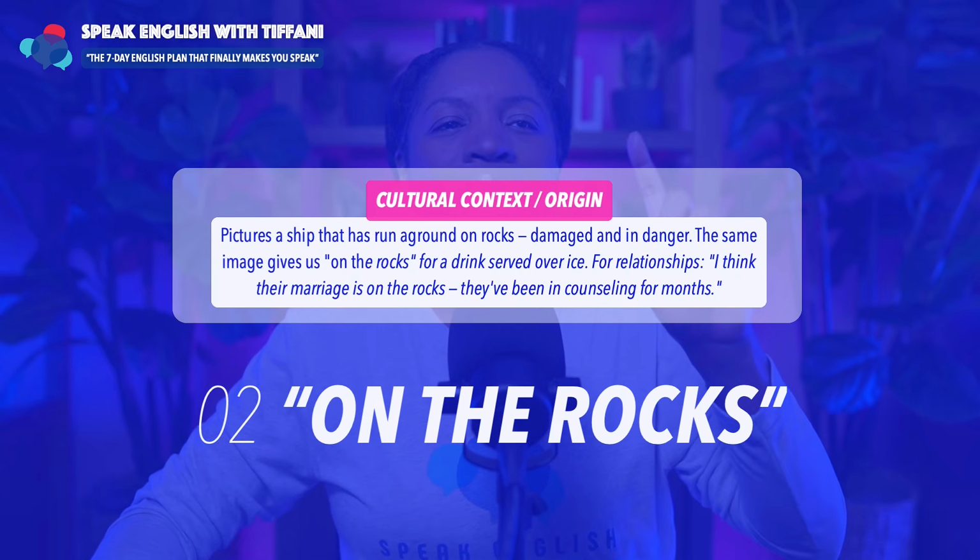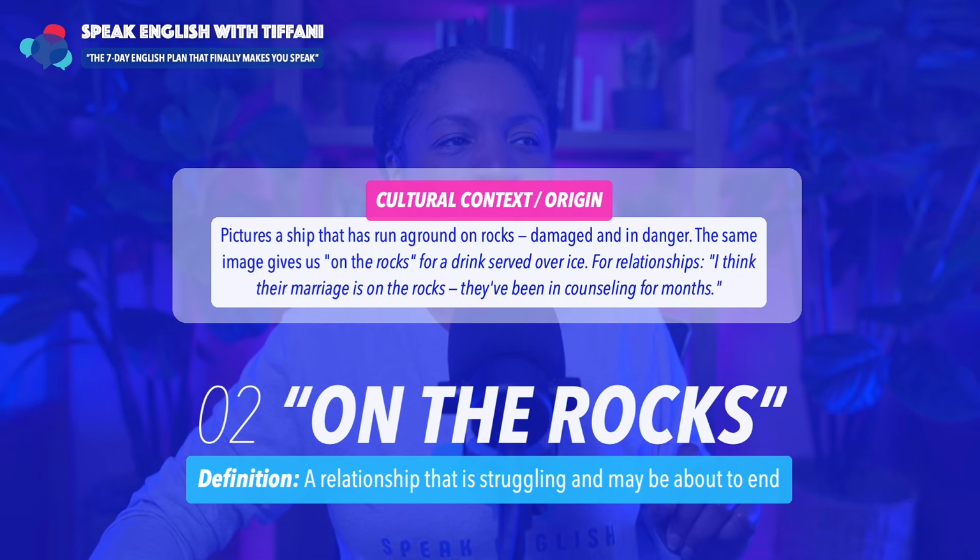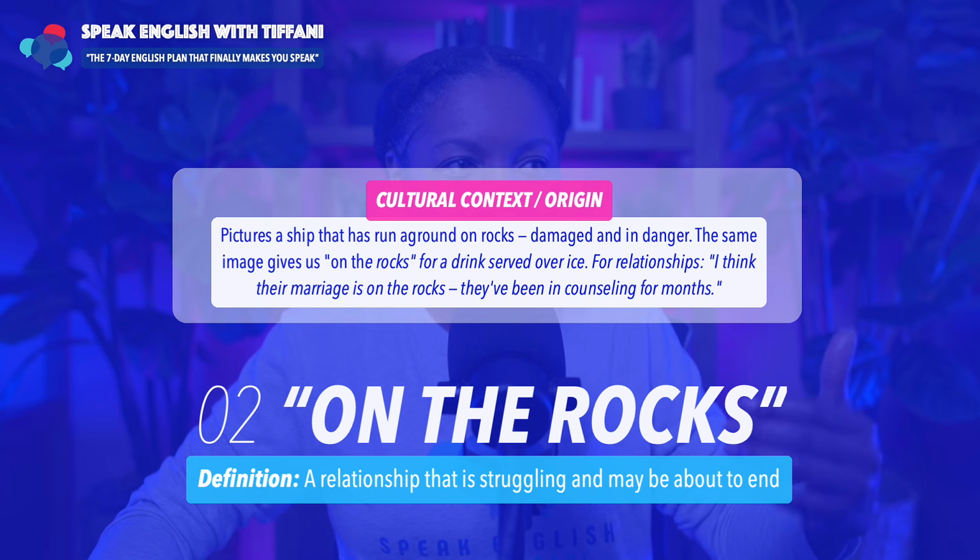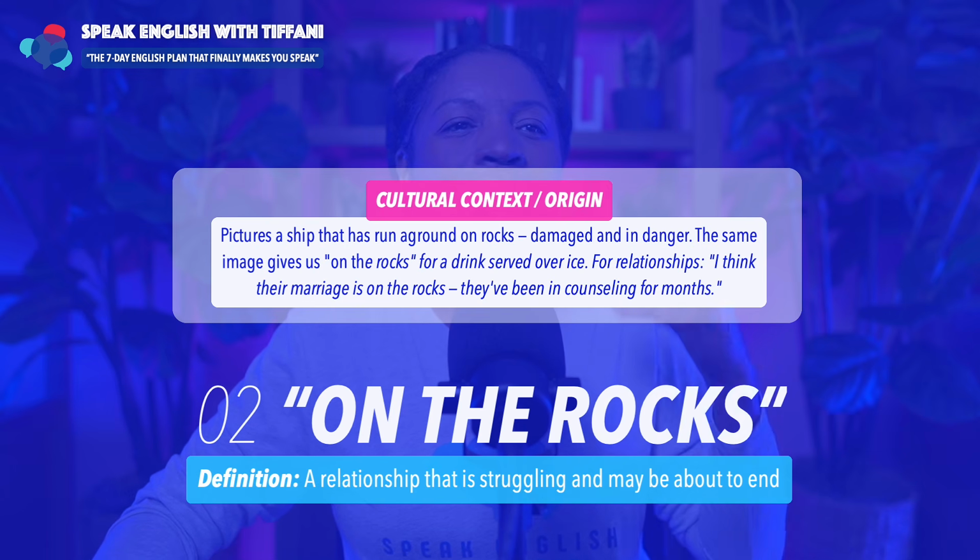Something is wrong. The definition is a relationship that is struggling and may be about to end. In English, we say on the rocks. You see how understanding the context, understanding the cultural background will help you remember this, right? On the rocks. Then we have our third term.